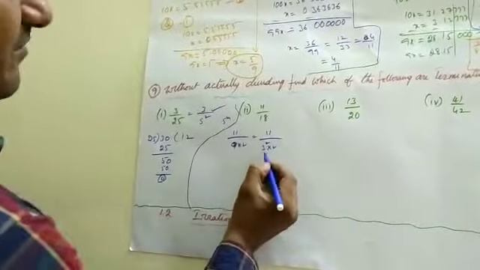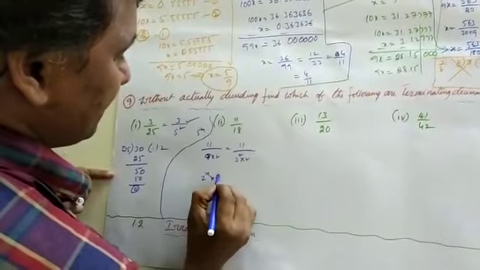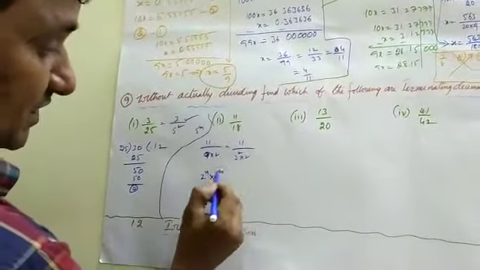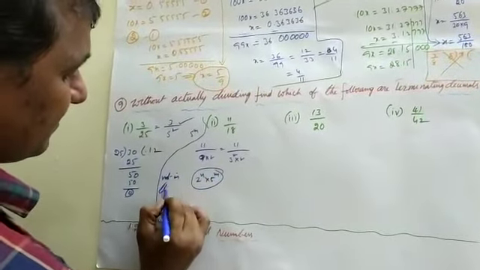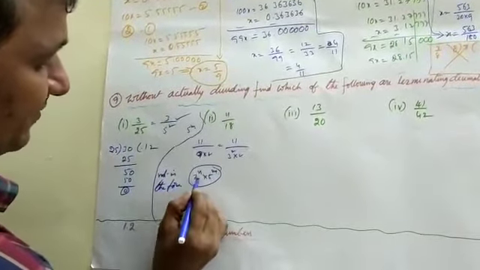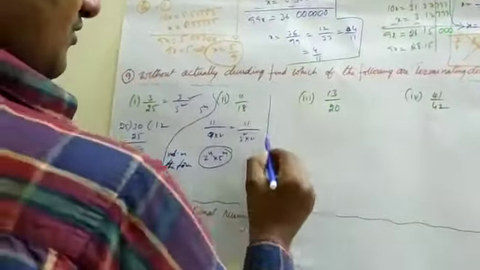This is not in the form of 2 power n into 5 power m. The denominator portion is not in the form of 2 power n into 5 power m. This is non-terminating.